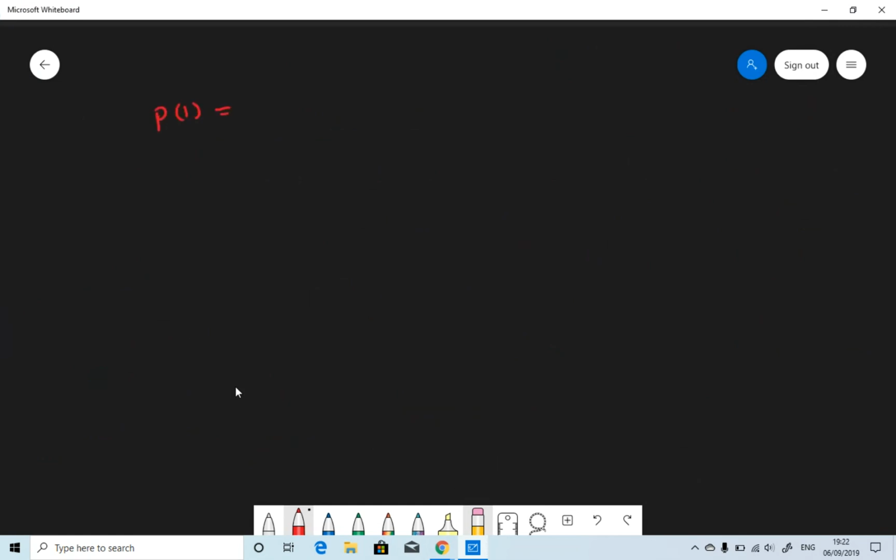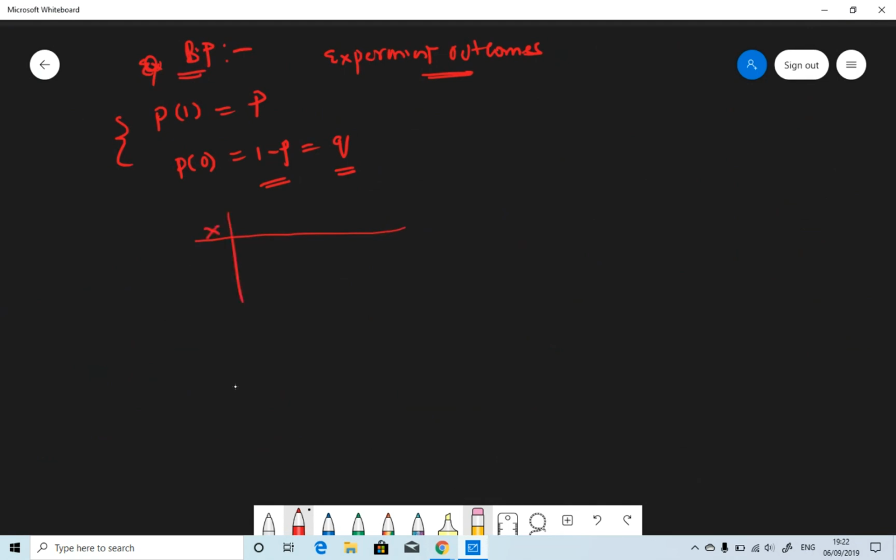The probability of 1 will be p, and the probability of 0 will be 1 minus p, which I can write as q. For the Bernoulli process, how can we write the table? x equal to 0, 1, and the probability of x is 1 minus p for 0 and p for 1.